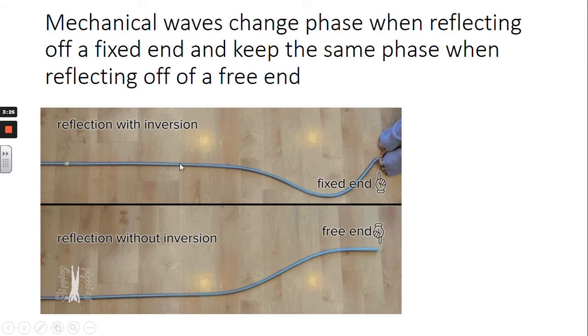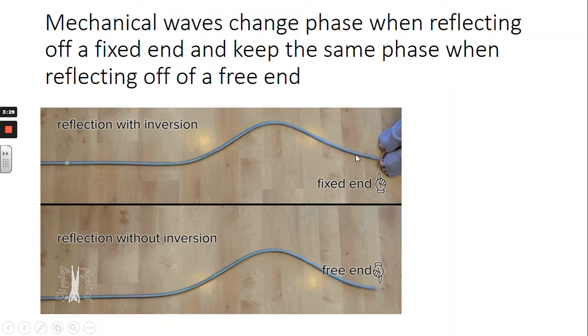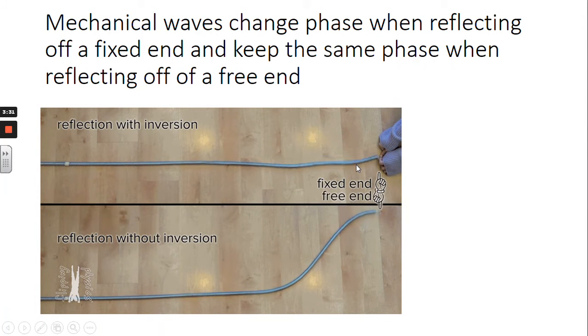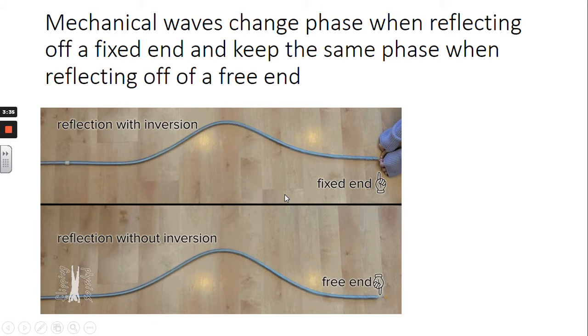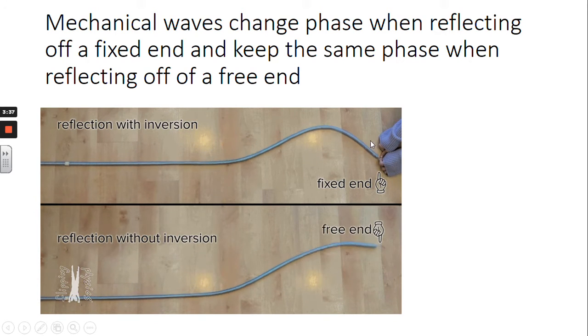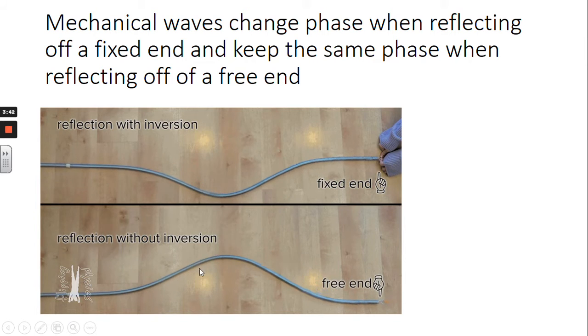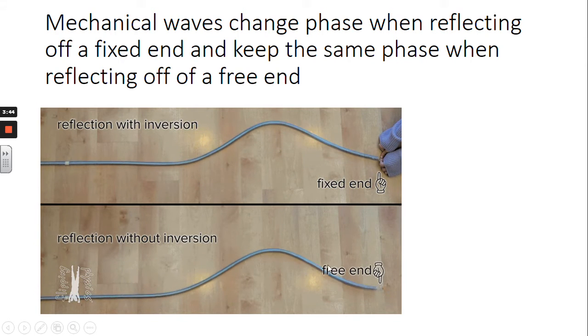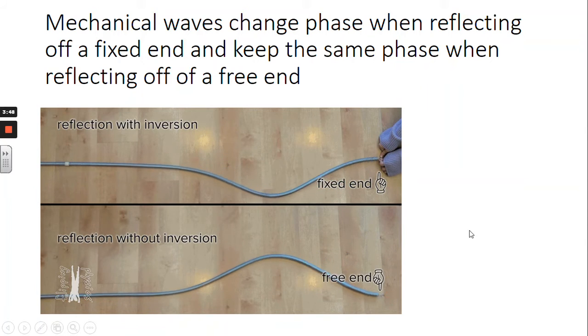Right here, this shift from a positive to a negative is as if the wave had shifted half a phase, 180 degrees. It's like it flipped. Whereas here, when this wave reflects back, there is no inversion. Thank you to Flipping Physics for these animations.